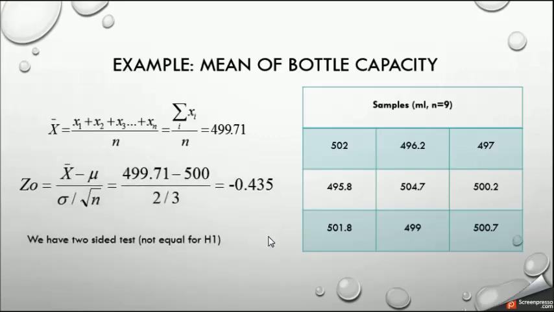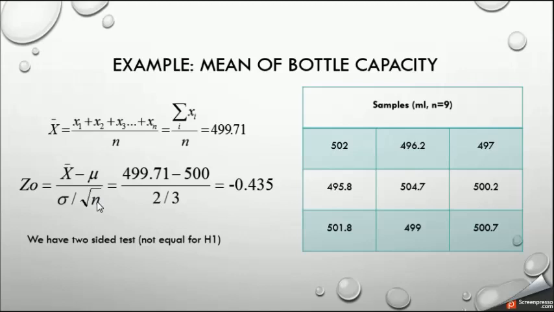After that, we calculate the test statistic, which is Z0. We have the difference between the sample mean and the hypothesized population mean, which is 500 milliliters. We have sigma; as sigma square is 4, sigma will be 2, which is the population standard deviation.